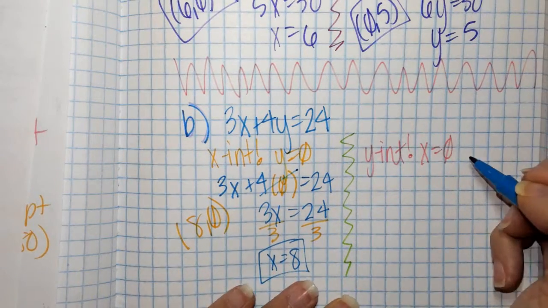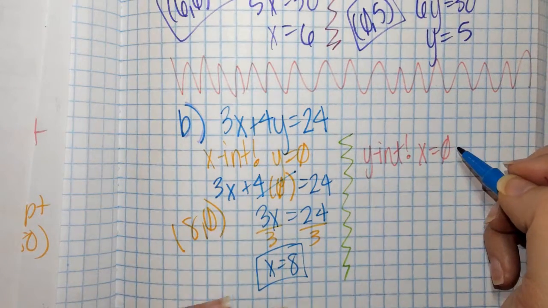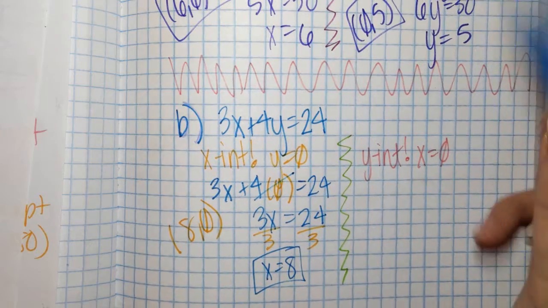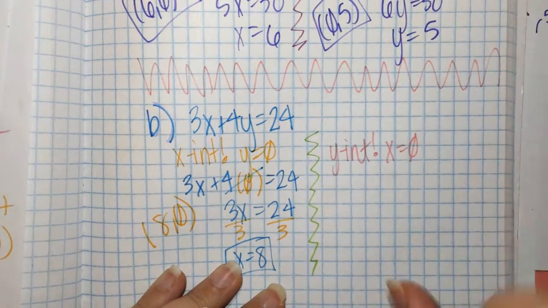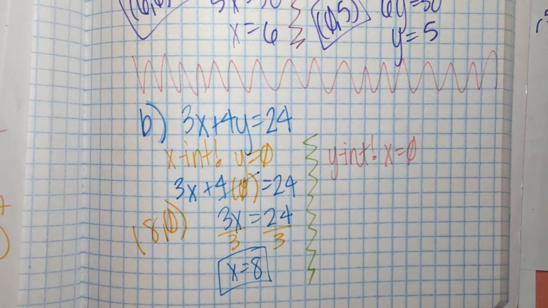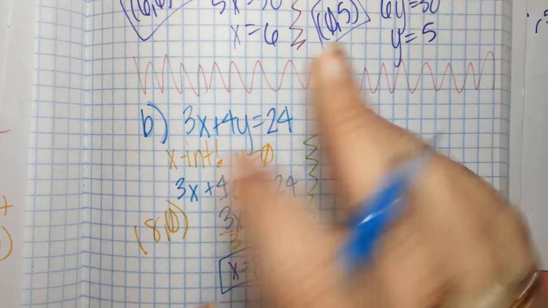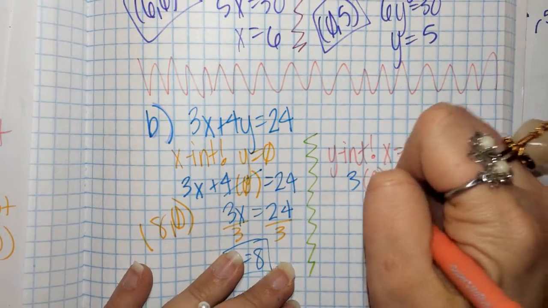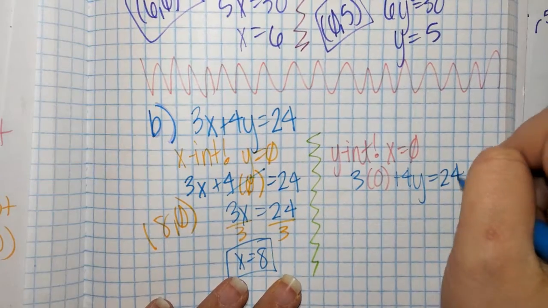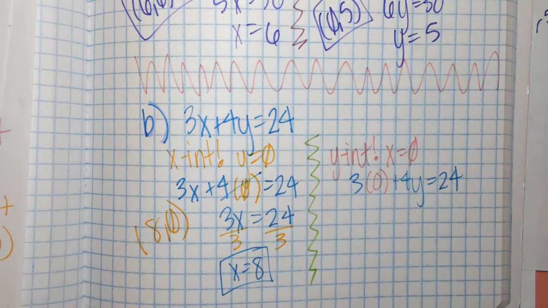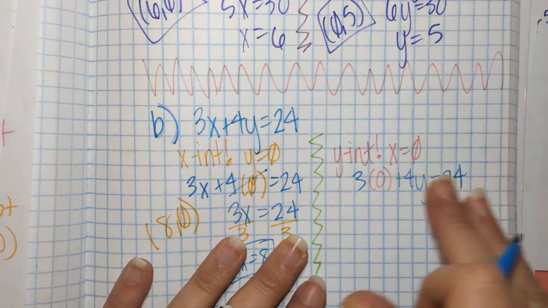Alright, so now, are we going to plug in for x or for y? X this time, because we're looking for our y-intercept. Alright, so can somebody tell me how to write my equation? 3 times 0, good job, plus 4y equals 24. Does everybody see how I did that?